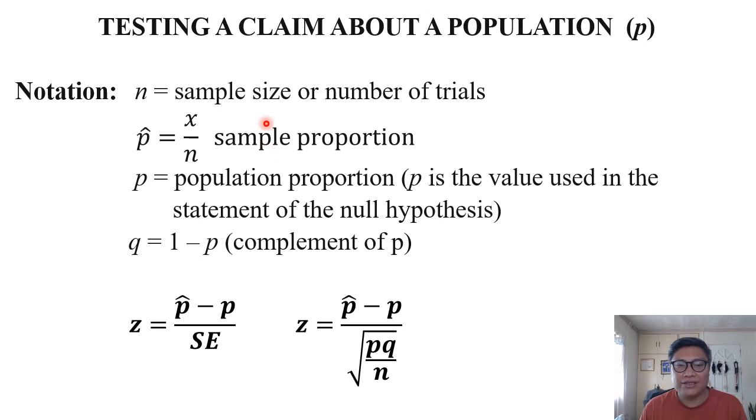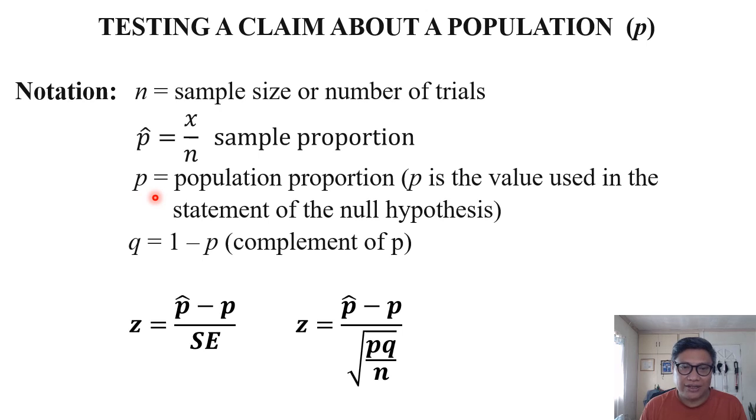So most often than not, class, the sample proportion is not given in percentage, but it is given as how many we observe out of the population or out of the sample. Then we just take the ratio multiplied by a percent, and that will be the sample percentage. But since it is a proportion, we do not need to multiply it by 100%. So most often than not, it is a decimal value.